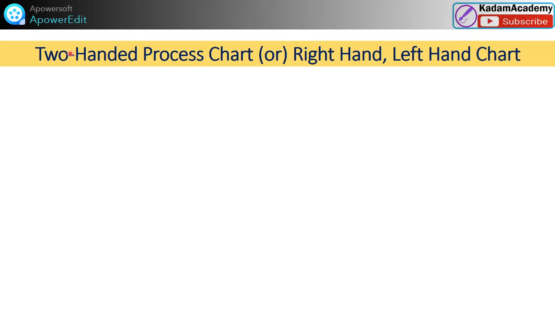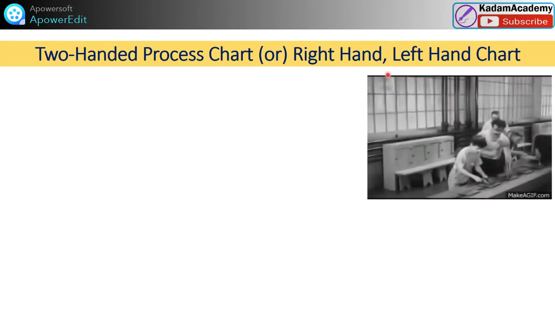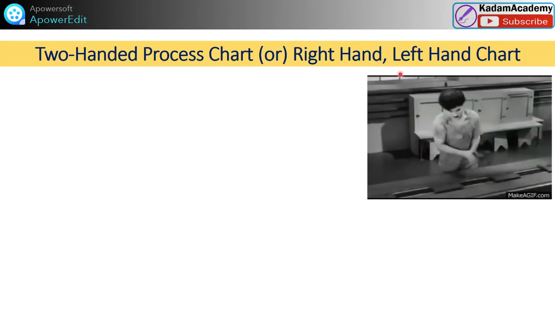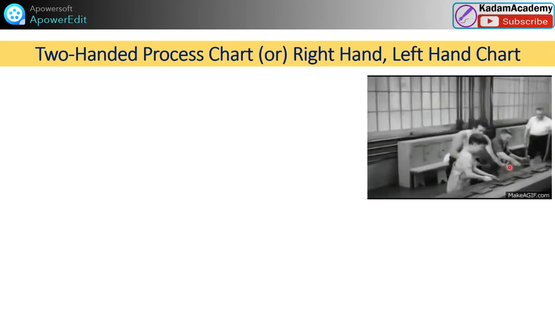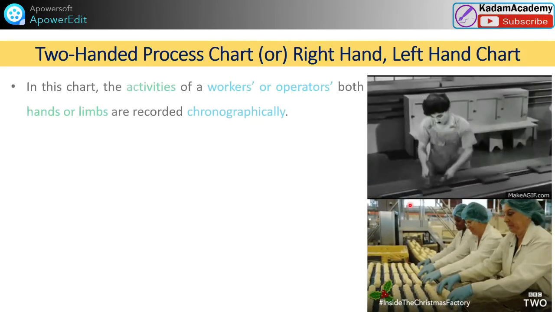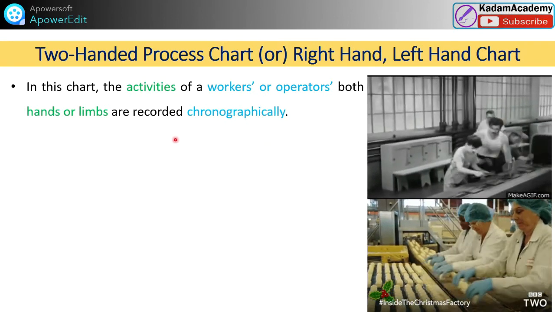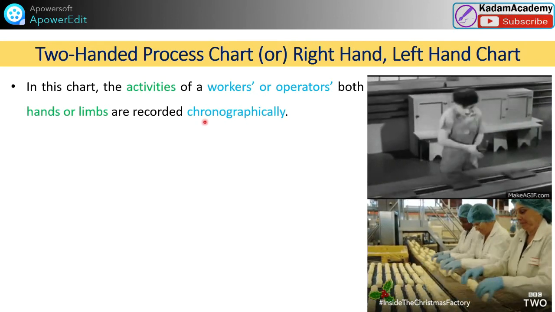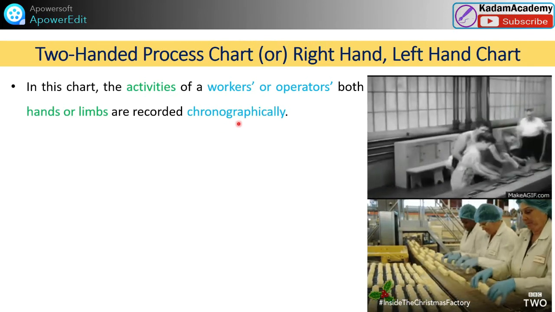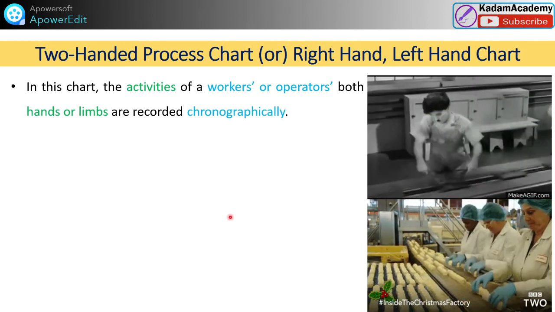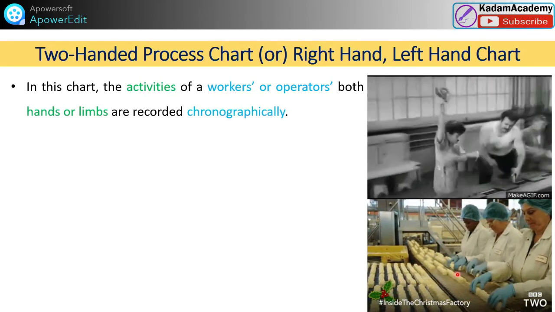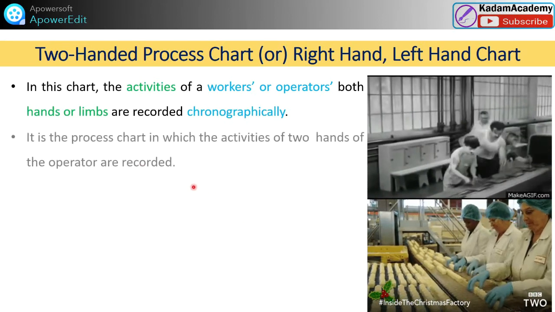In this lecture, we are going to study the two-handed process chart, or left hand right hand chart. See friends, in this chart, the activities of workers or operators, both hands or limbs, are recorded chronologically. You can visualize it in these videos.